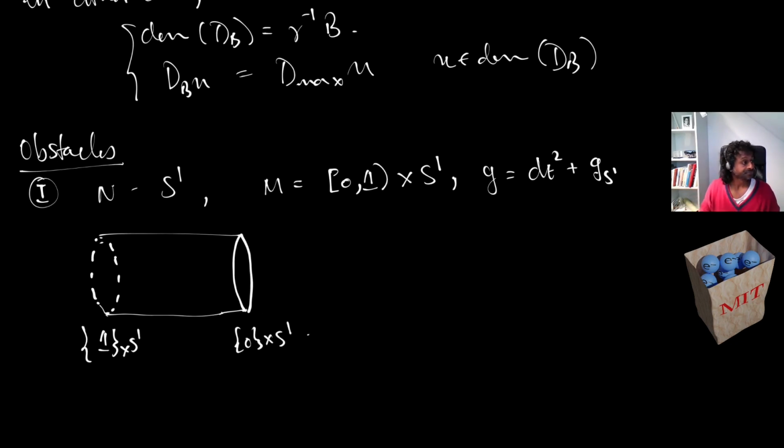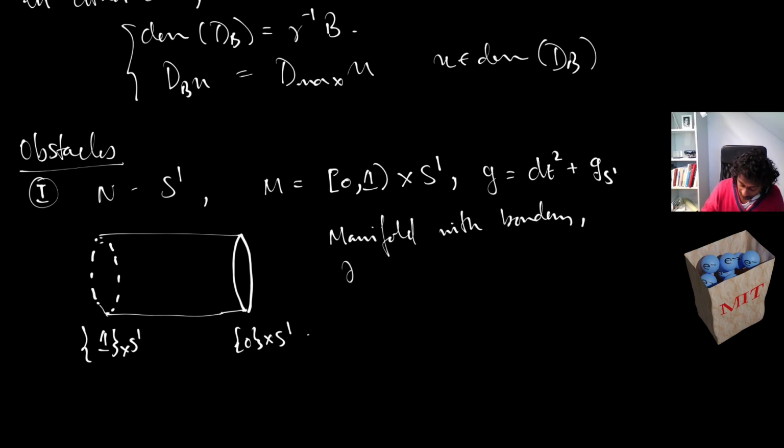Okay? So this is now a manifold with boundary. But the boundary of this, via our definition, is simply S0 cross S1. Okay?